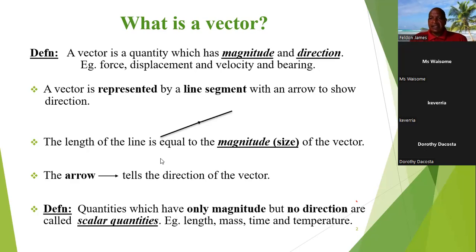Now, you have different types of vectors, right? The term vector is just a term for those quantities that act in a straight line. It's not only force that acts in a straight line. Force is just one vector quantity. You have velocity, which is a different vector quantity. You have acceleration, which is a different vector quantity. Displacement, a different vector quantity.